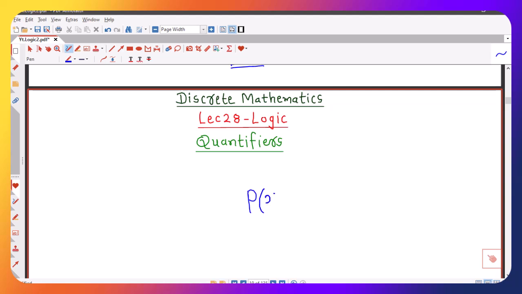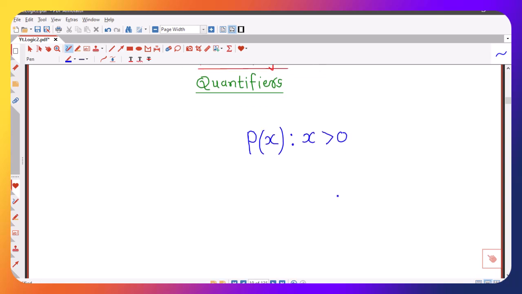So first we consider a particular statement function. Suppose P of x denotes the statement function that x is positive, that we can write as x is greater than 0. And we know that this statement function will become a statement if we take particular values of x. Suppose I consider x equal to 2, then I will obtain the statement 2 is positive.